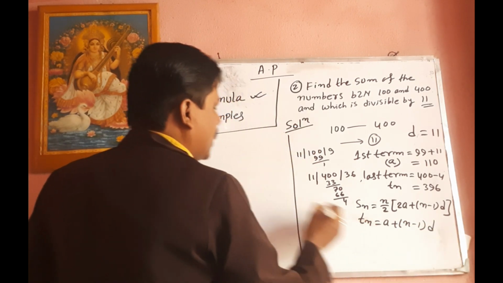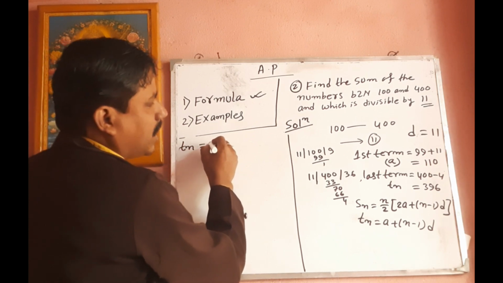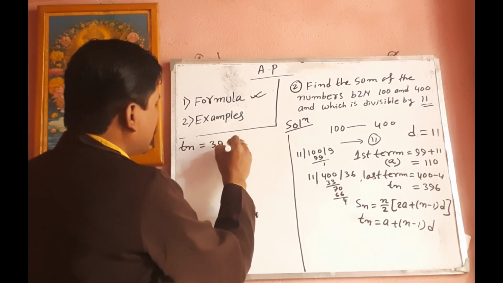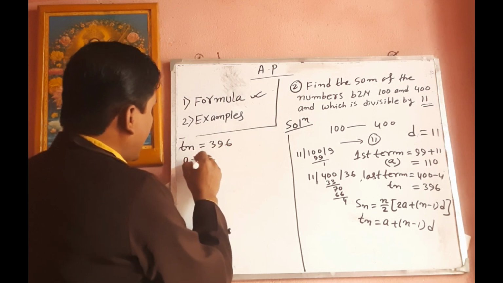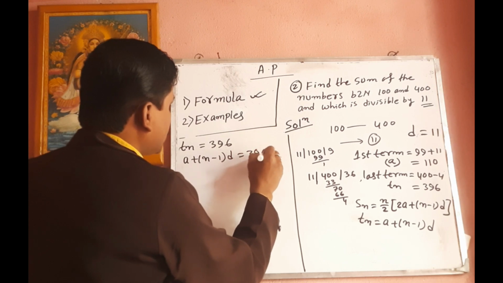So using this, Tn is equal to 396, then a plus (n minus 1) into d is equal to 396.